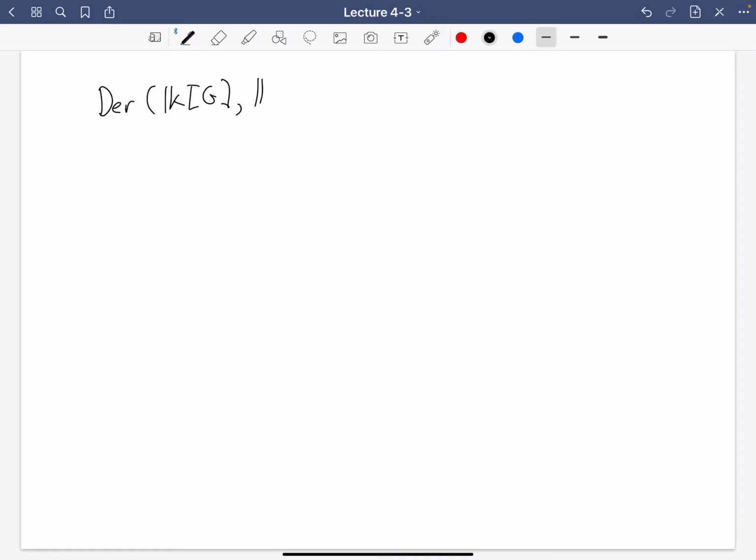Remember that the Lie algebra was this space of point derivations, and I think it's quite an easy exercise to see that the Lie algebra of point derivations is the same as the dual space of this maximal ideal modulo its square, and you can sit this inside dist G in an obvious way.